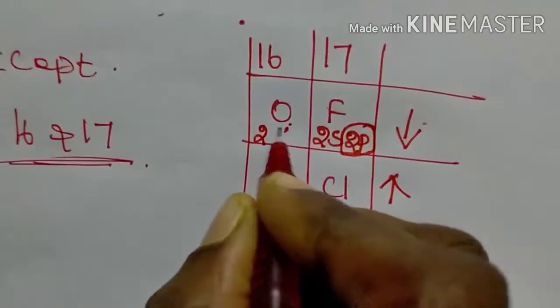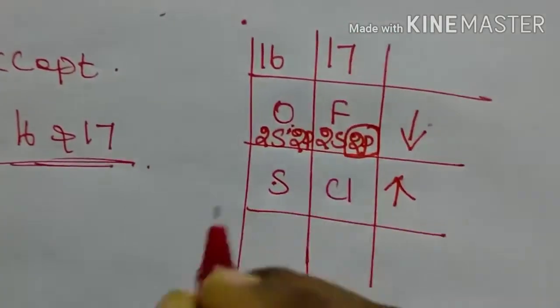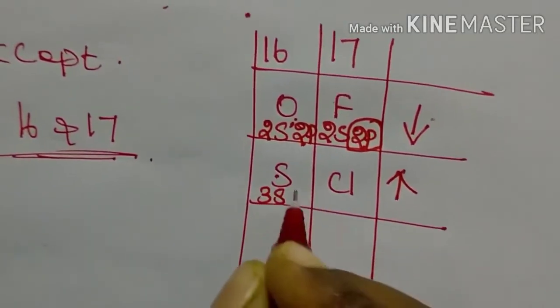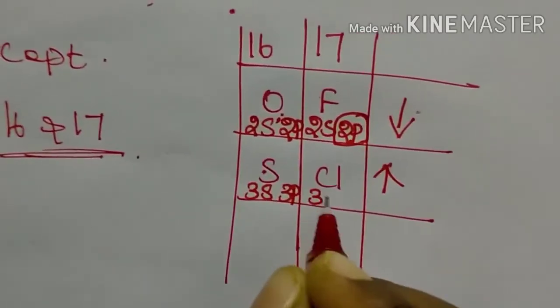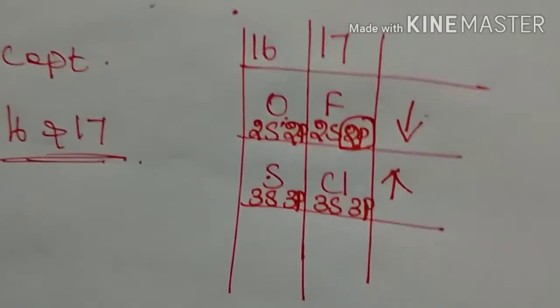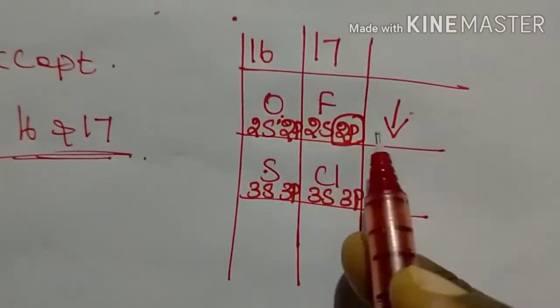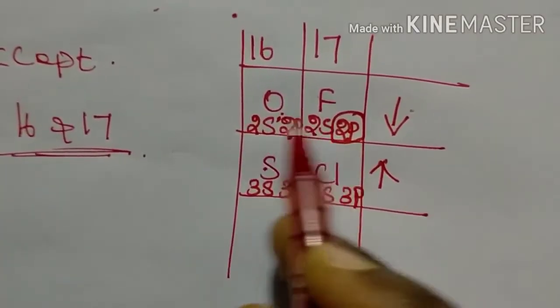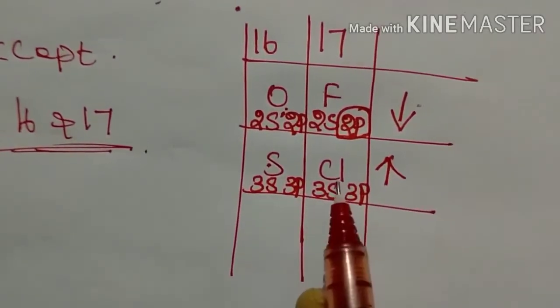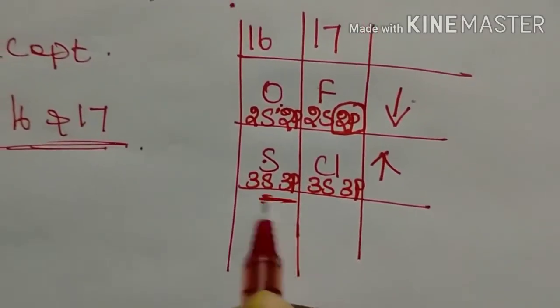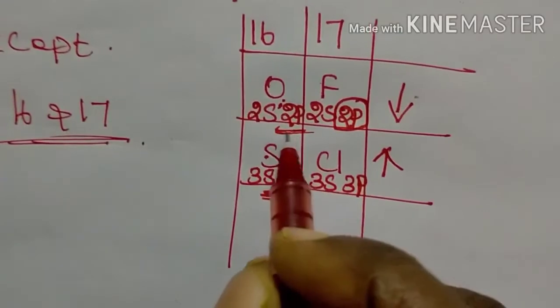Here also it is 2s and 2p. But here it is 3s and 3p. So the number of orbitals is increasing when comparing with sulfur and chlorine. The valence orbital is 3p here, and here it is 2p.